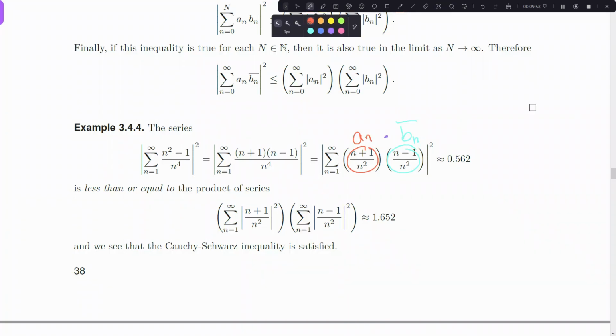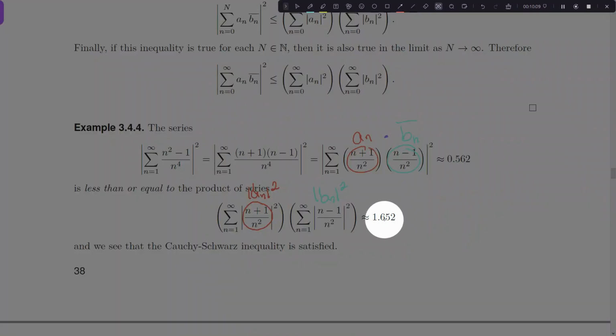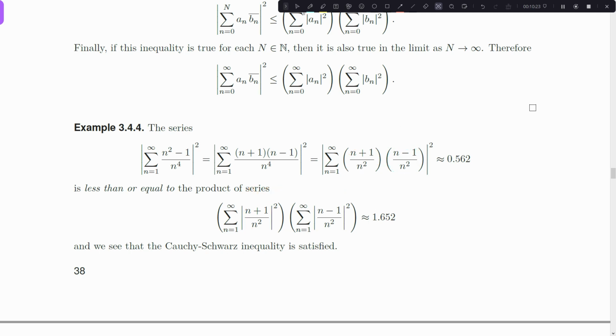Then if we split that, and now we're looking at a sub n squared in magnitude, and we multiply that by b sub n squared in magnitude, we get a number about 1.652, which is definitely larger than 0.562. So there's another example of the Cauchy-Schwarz inequality, and in fact, it works with infinitely many entries.